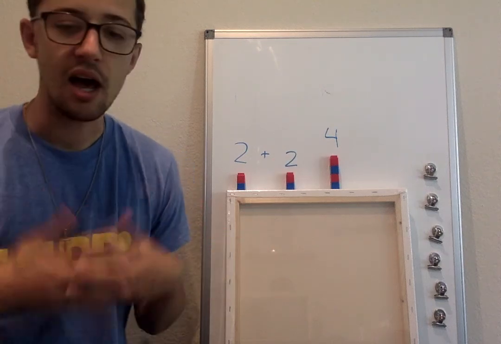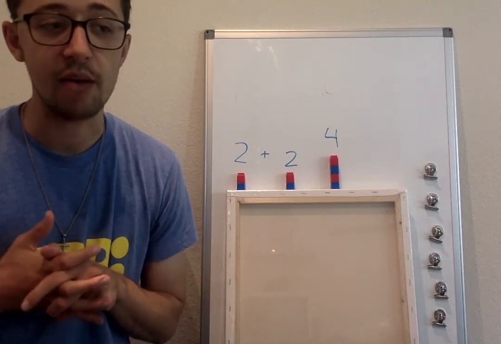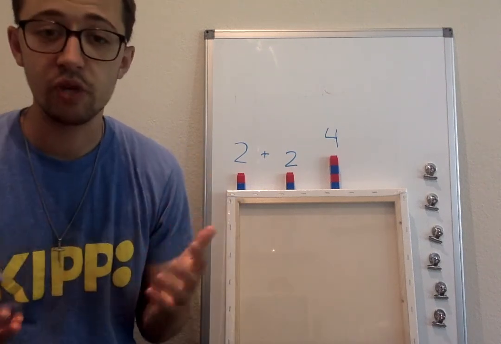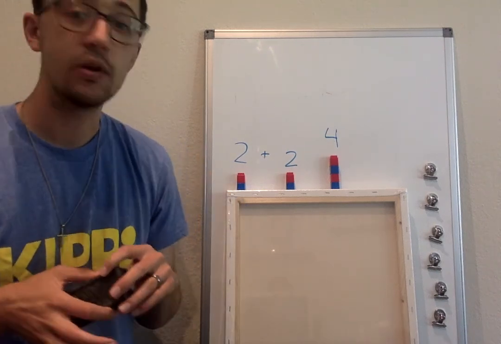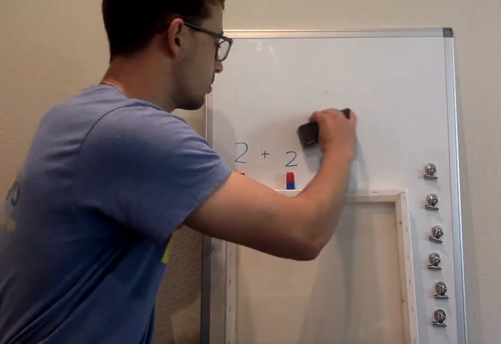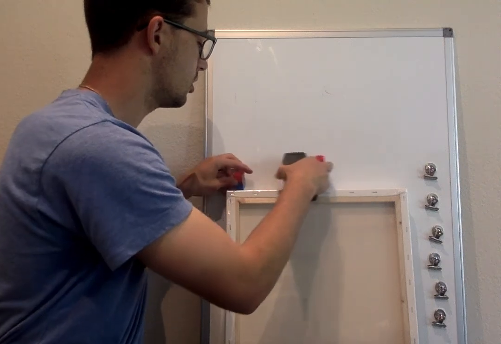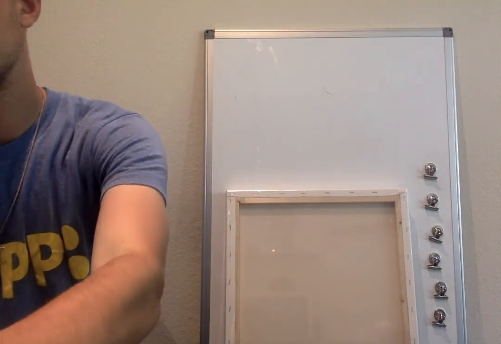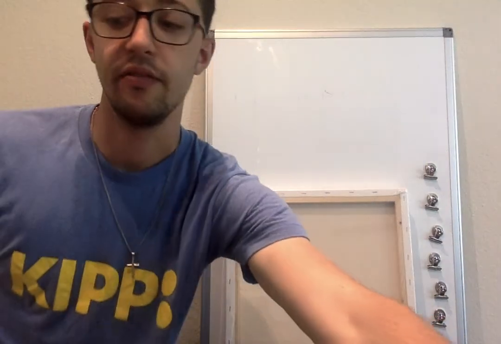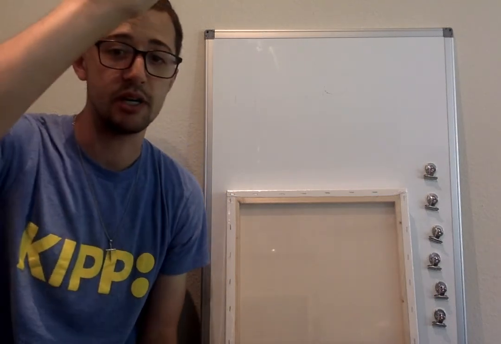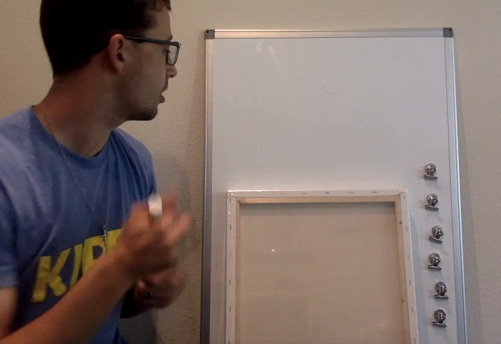Okay, Huskies, I have another story about Emmett and Clarissa. And this story is about how Emmett was really kind to Clarissa when they were at lunch. So we're going to erase this. So at lunch, they were having strawberries. Raise your hand if you like strawberries. I love strawberries.